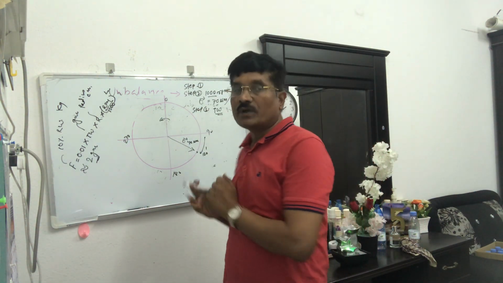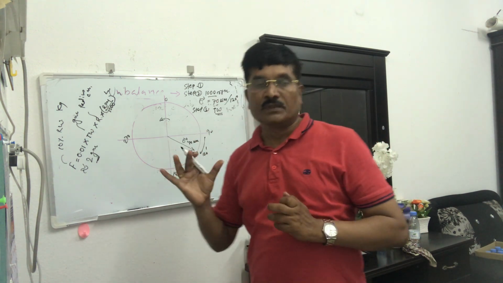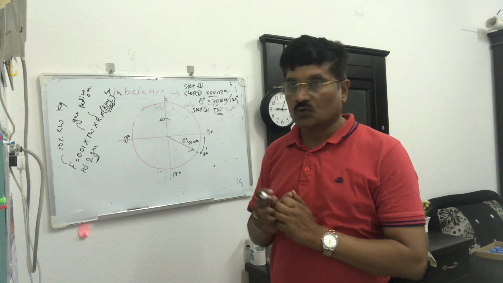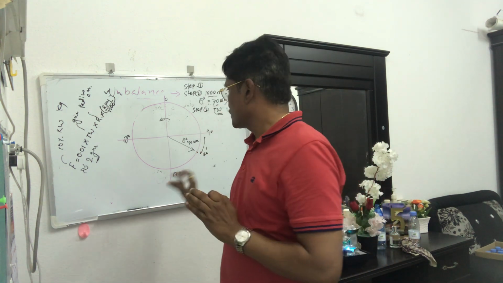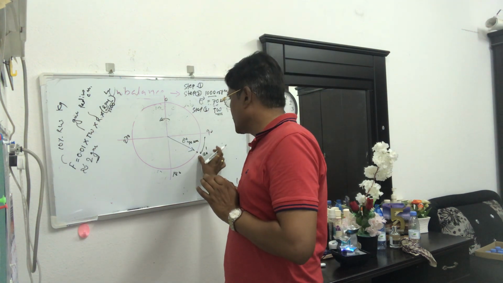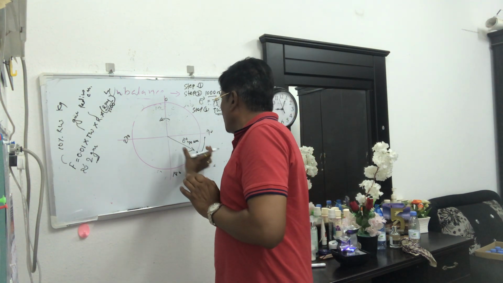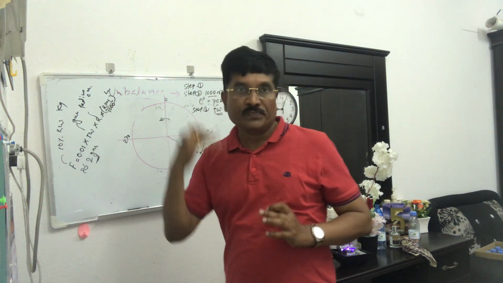Then where to add? Now we are balancing at 1000 RPM. It is a rigid rotor, so the high spot and heavy spot are at the same place. So here is the heavy weight. That's why it is creating high vibration at 120 degrees. So we have to add opposite of this so that it will be nullified. This is our guess.